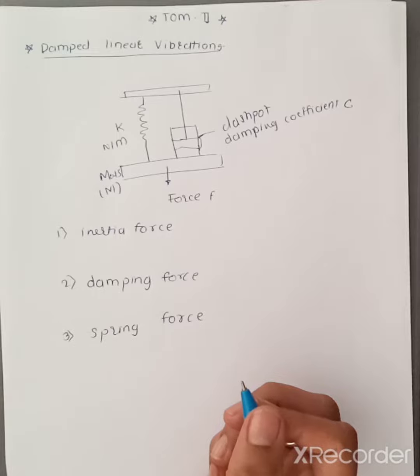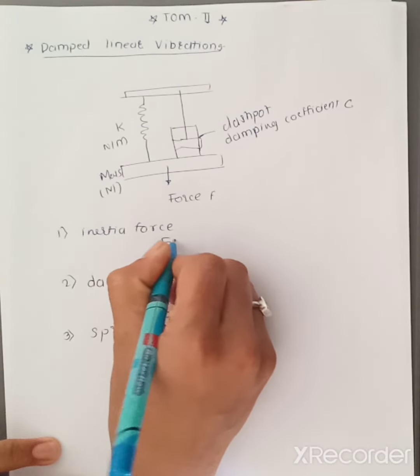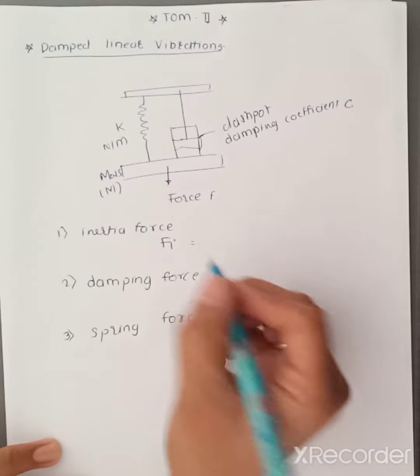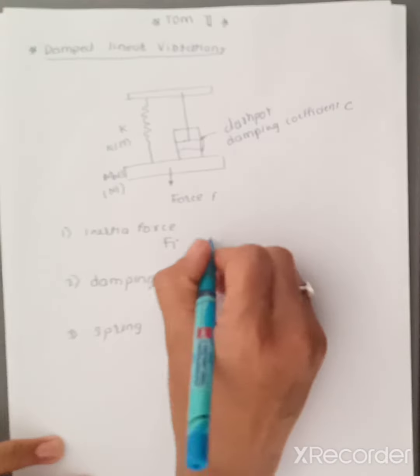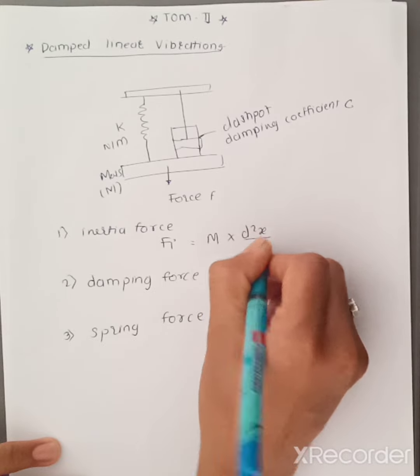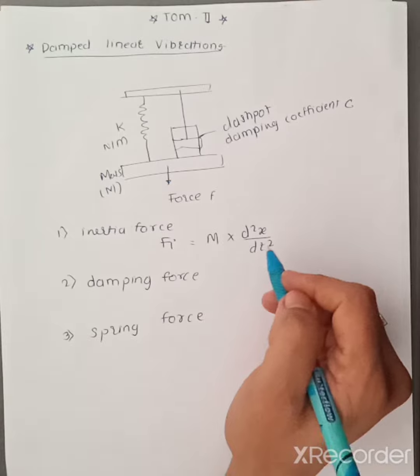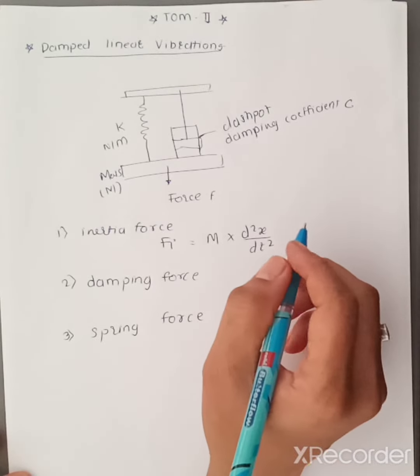What will be the inertia force? We will take inertia force as Fi. It will be mass into acceleration, that is M times d square x upon dt square, the double differentiation of x with respect to t.